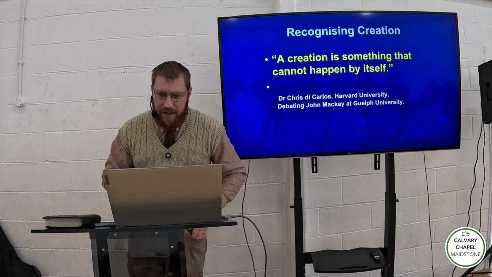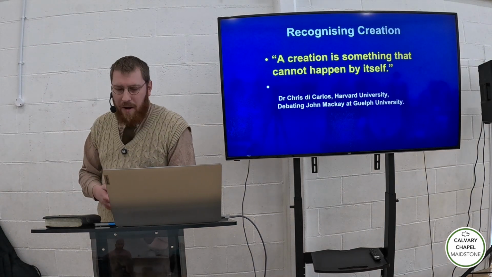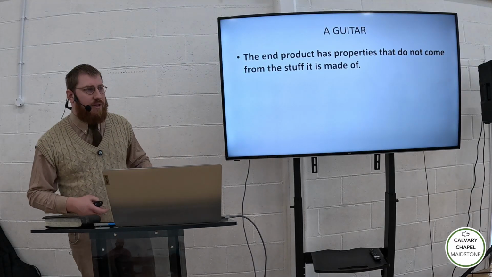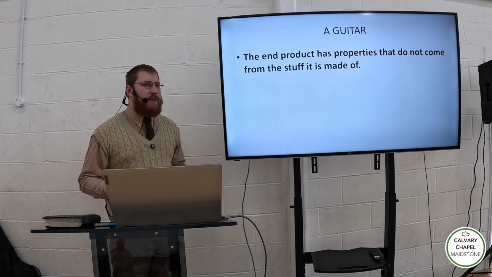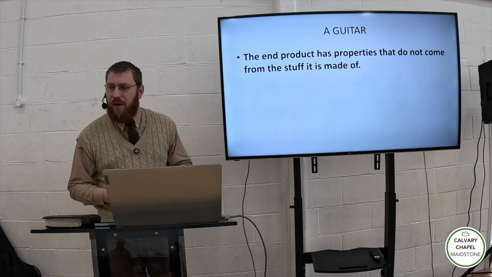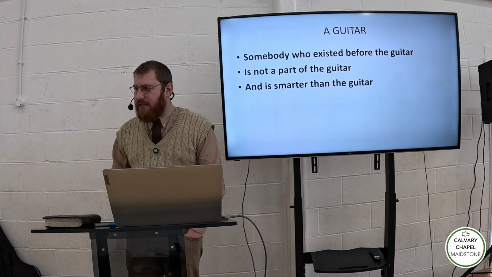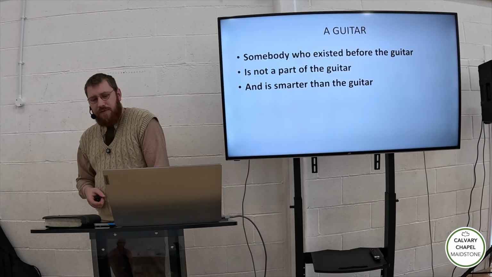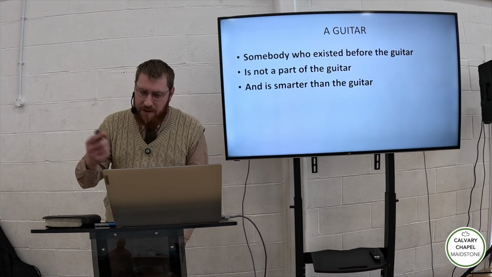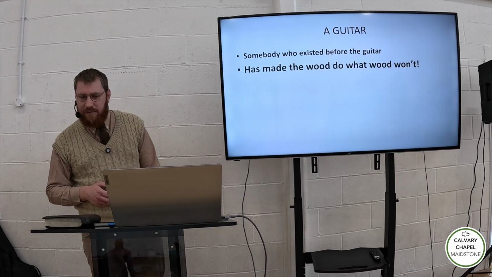Remember, creation is something that cannot happen by itself. Guitars cannot happen by themselves. The end product, the musical instrument, has got properties, it makes music, that do not come from the materials that it's made of, the tree or the horsehair. Somebody who existed before the guitar, somebody who's not part of the guitar, and somebody who's far smarter than the guitar has made wood do what wood doesn't do by itself.